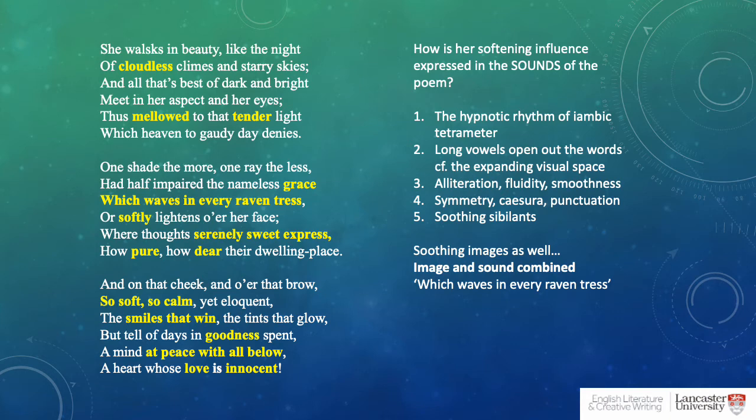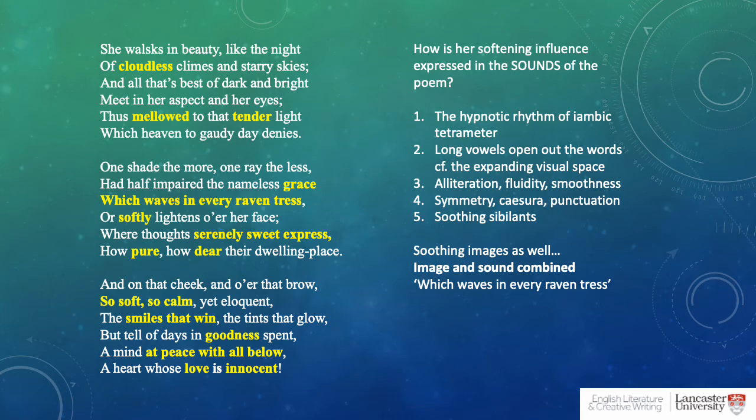Let's read a few lines here. "She walks in beauty, like the night of cloudless climes and starry skies, and all that's best of dark and bright meet in her aspect and her eyes." Now Byron cleverly keeps it from being da da da da da da da da, which would be mechanical.